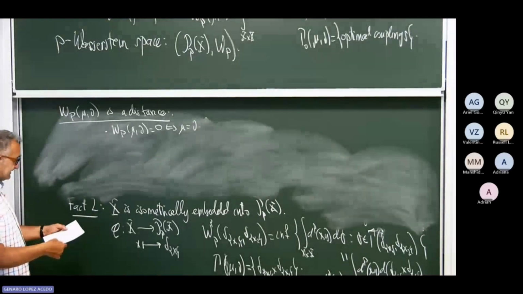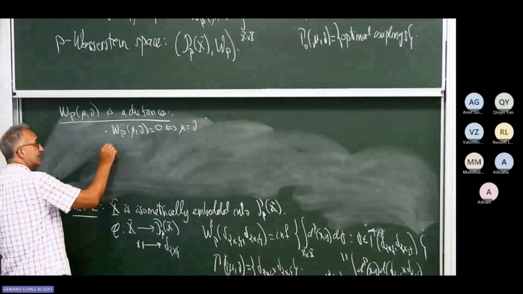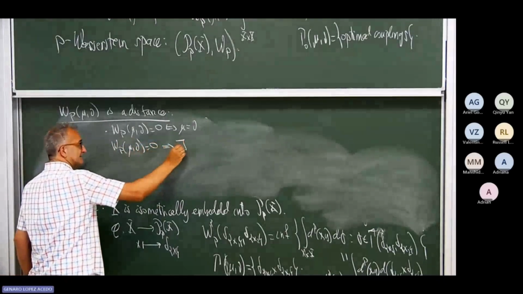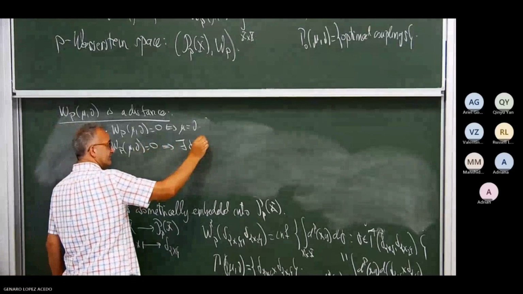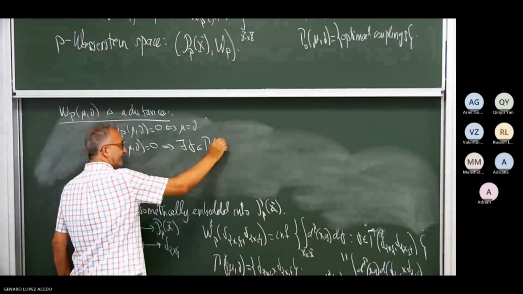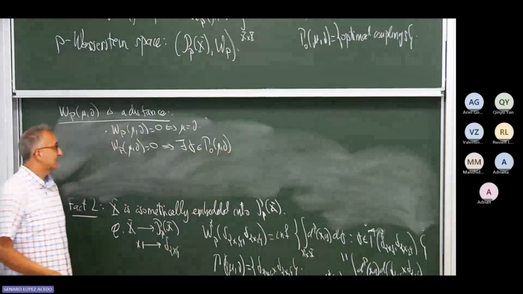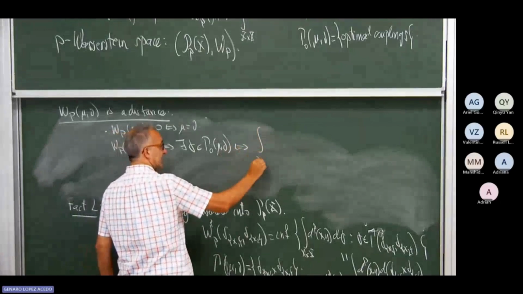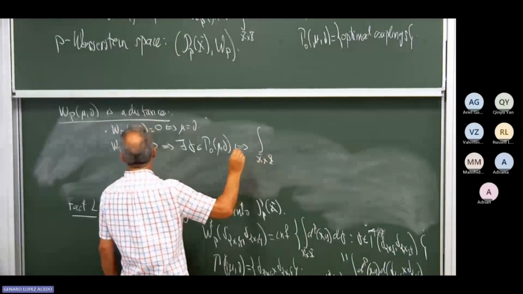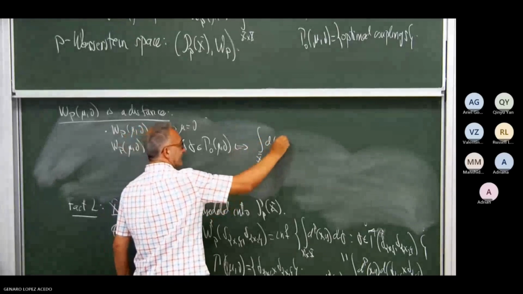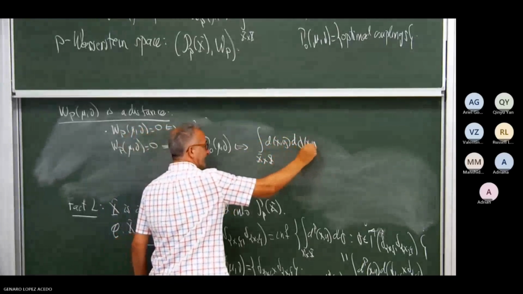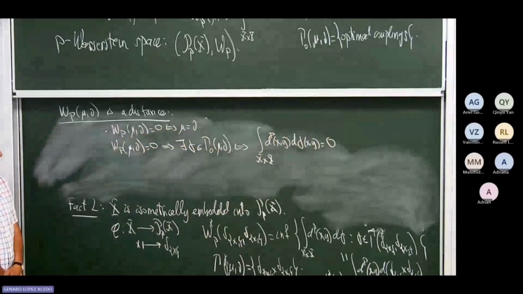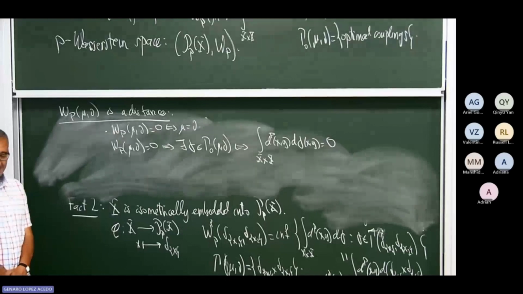Actually, what we have is that from here, it implies that there exists an optimal plan, which means the integral of the distance with respect to gamma is equal to 0.